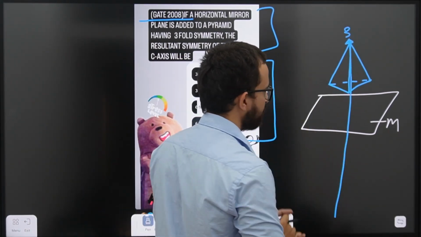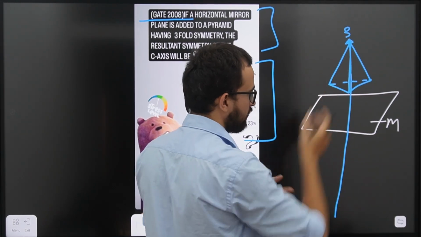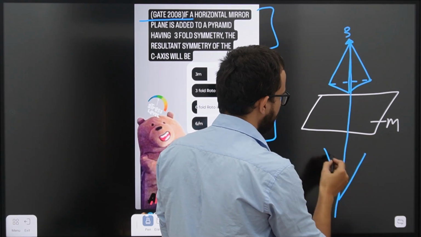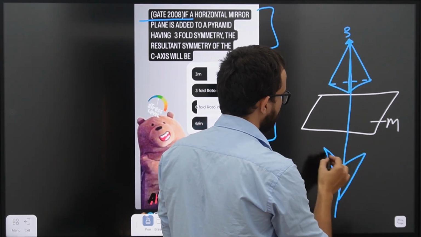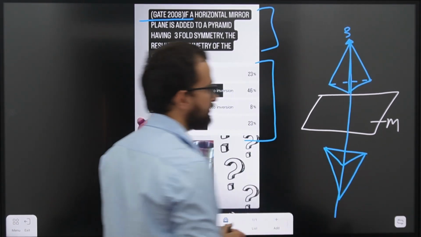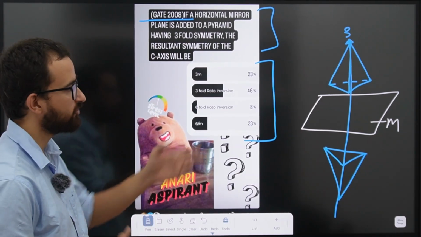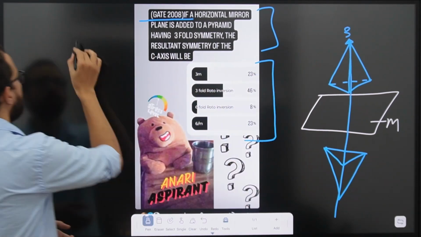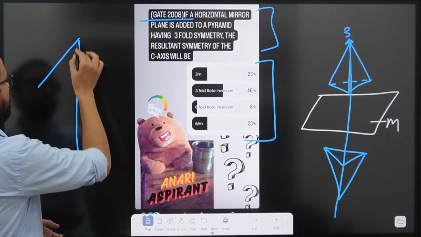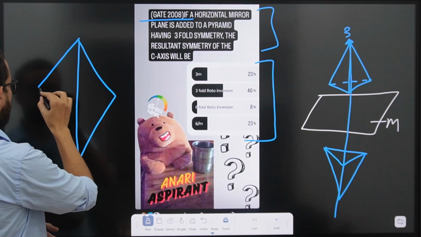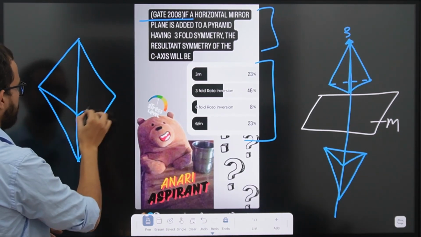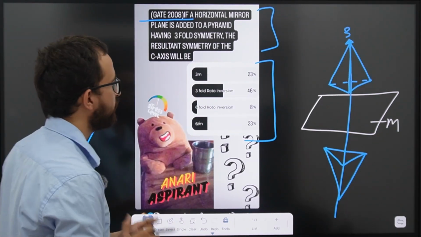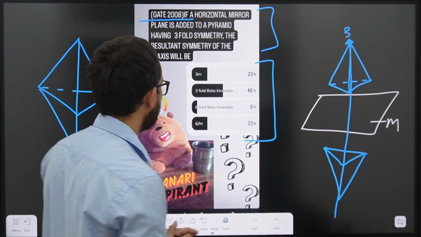So if you have a pyramid above a mirror plane, what would the mirror plane do? It will create a replica. So you will get this pyramid mirrored due to the action of the mirror plane, and this is the final image you get. What you have is something like this. You have two pyramids, one pointing to the north, one pointing towards the south.